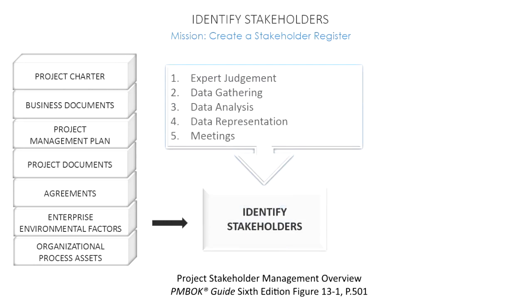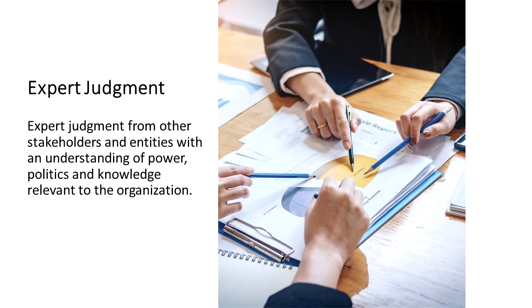Let's take a look at our tools and techniques. The first one is expert judgment, understanding of politics and power play in the firm, understanding the culture, the environment, the industry, and individual team members that may be stakeholders on the project.